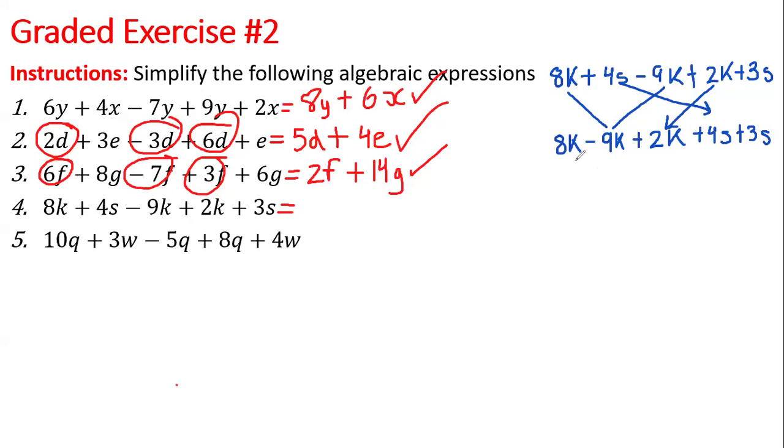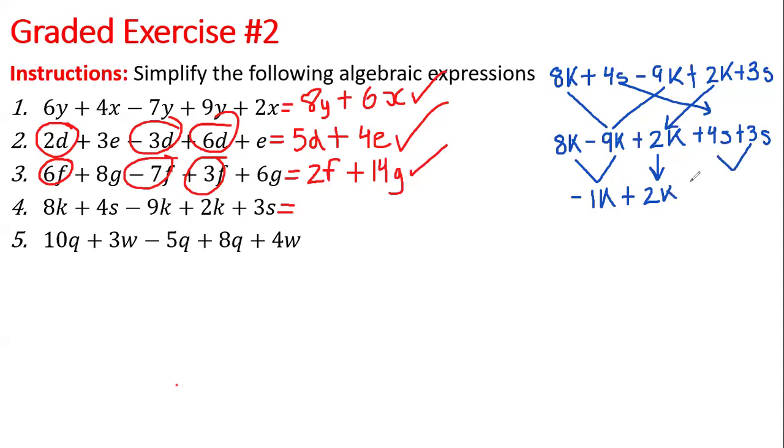And so we have 8K minus 9K, which gives us what? Negative 1K. Negative 1K plus 2K. That's going to be plus 2K, plus 7S. What do we have with 4S plus 3S?